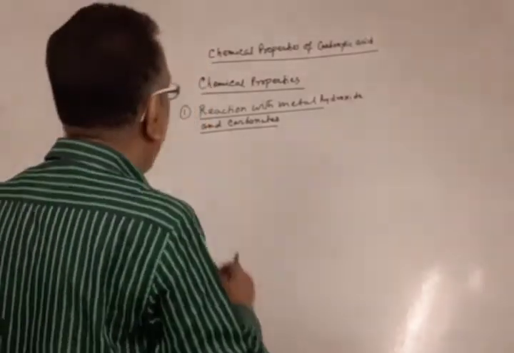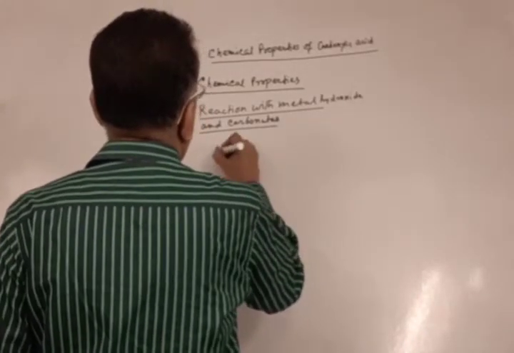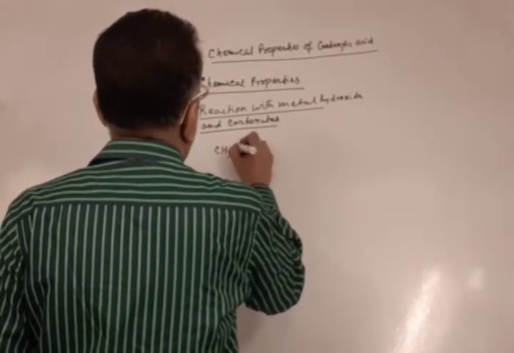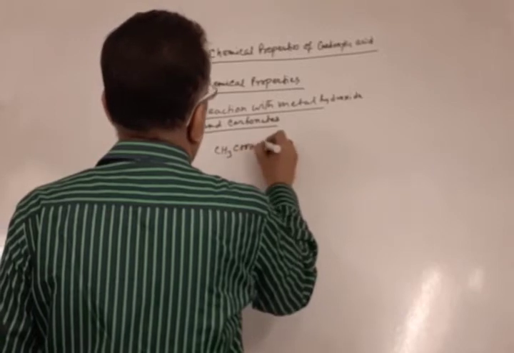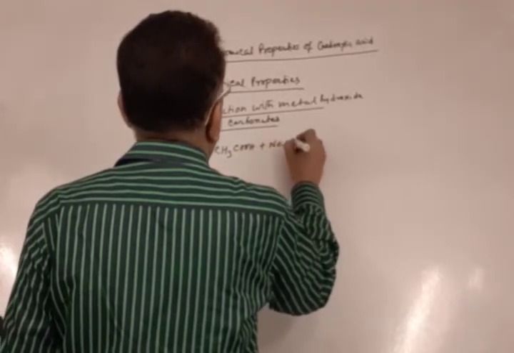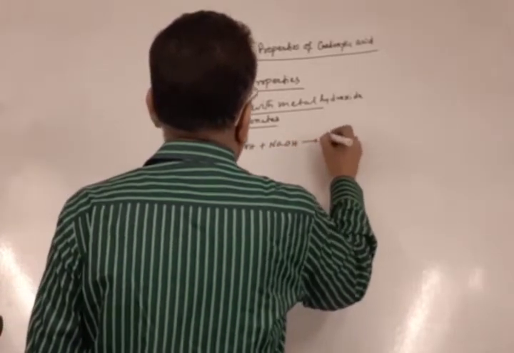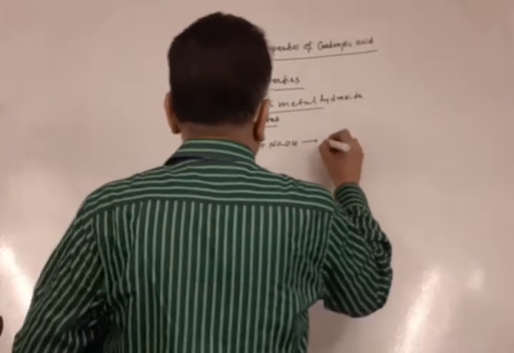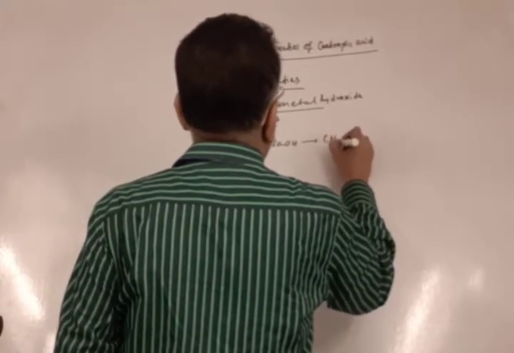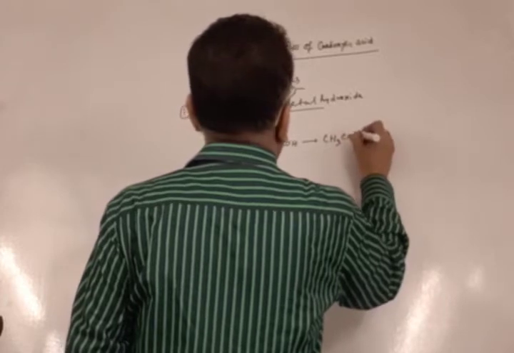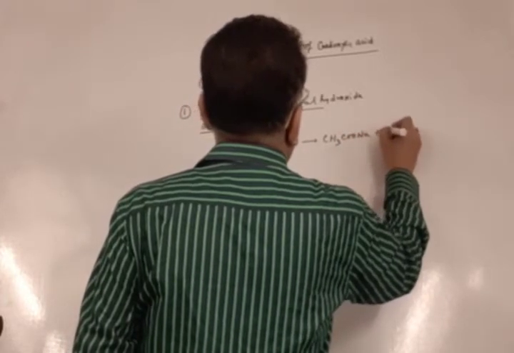So the general reaction is CH3COOH plus NaOH. This gives us CH3COONa plus water.